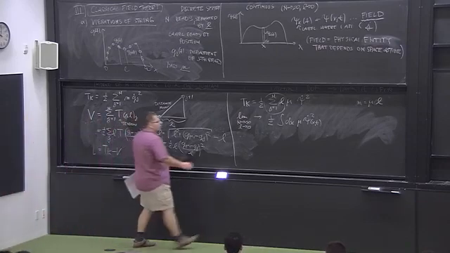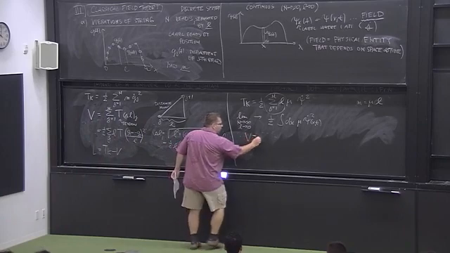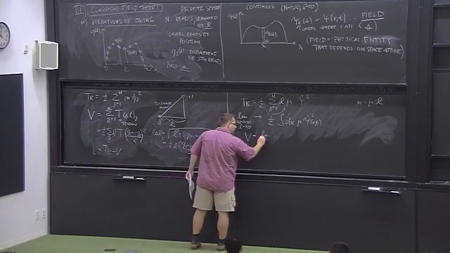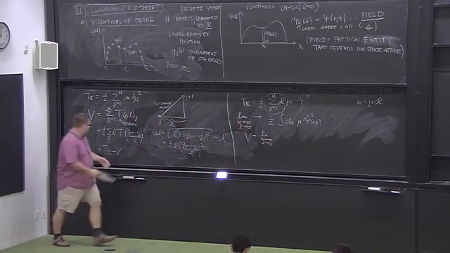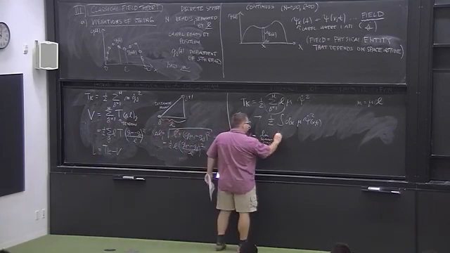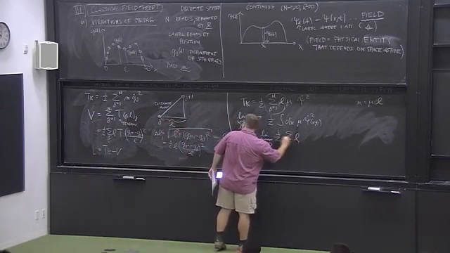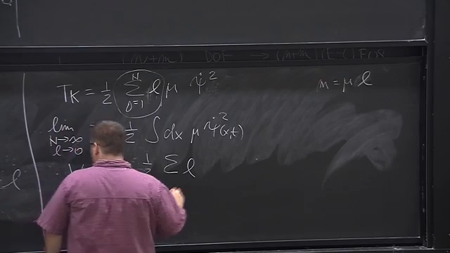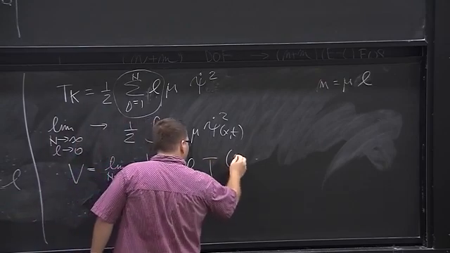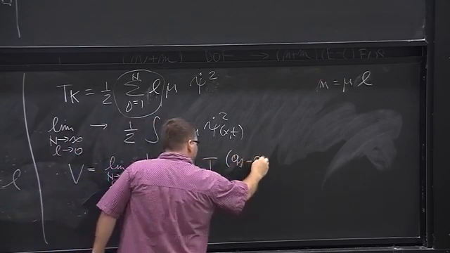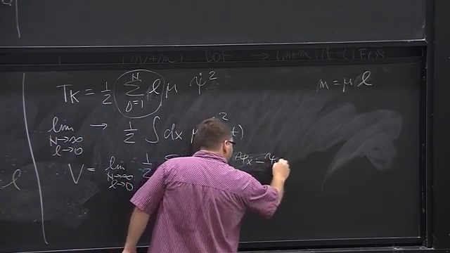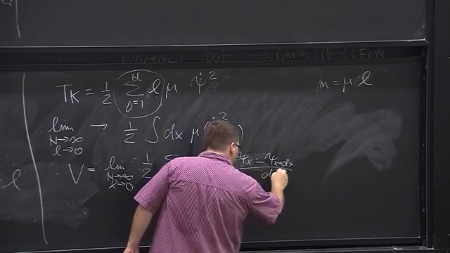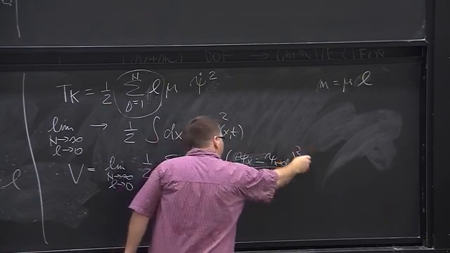Now your potential energy, again, is the limit n goes to infinity, L goes to 0 of this thing here. That's 1/2 sum L T Qj minus Q, well, psi x minus psi x plus dx over dx or whatever, square.